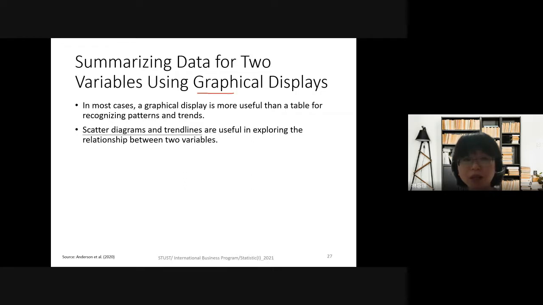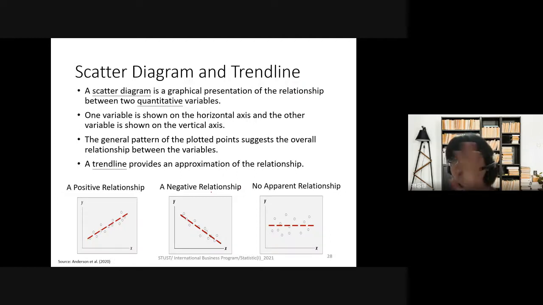We can use a graphical display. Usually you will find such data with a trend line on it. For example, I believe you must have seen it in some professional report, maybe the age of you and the country you come from.